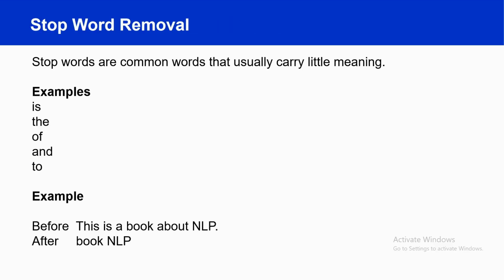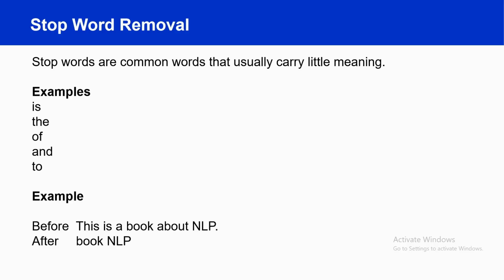The next one is stop word removal. This is also one of the pre-processing techniques. Stop words are common words that appear frequently in a language, but usually they don't contribute much meaning to the sentence. Examples of stop words are is, the, of, and, to, for.